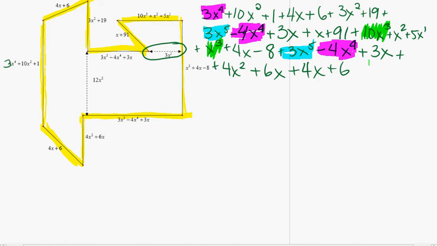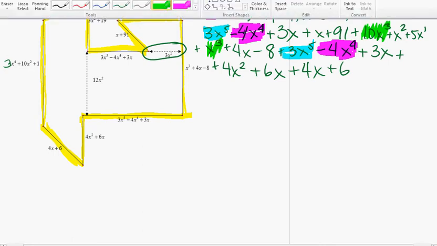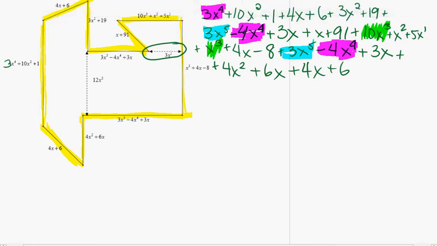The nice thing about this is once I've gotten everything, I can go back and see what's not highlighted and figure out what I missed. So now I have x to the 2nd, positive 10x to the 2nd, positive 3x to the 2nd, another positive 1x to the second, another 4x to the second. Any that I missed?